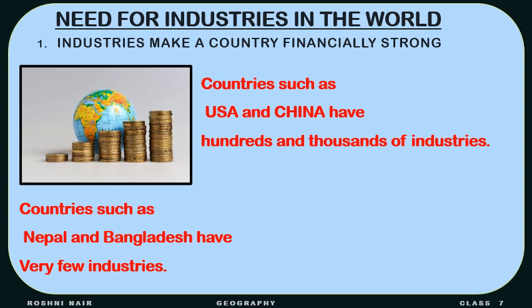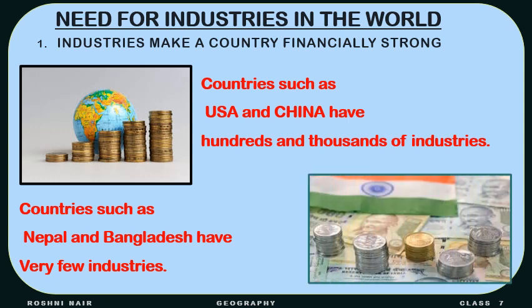Many of us, if we are exporting simple things like pickle or papad or maybe any handmade things, and we are gaining a certain amount of money, we are increasing the economy of our country. So the countries such as USA and China, these are very important words. That's why I had used this red color to show countries such as USA and China have hundreds and thousands of industries.